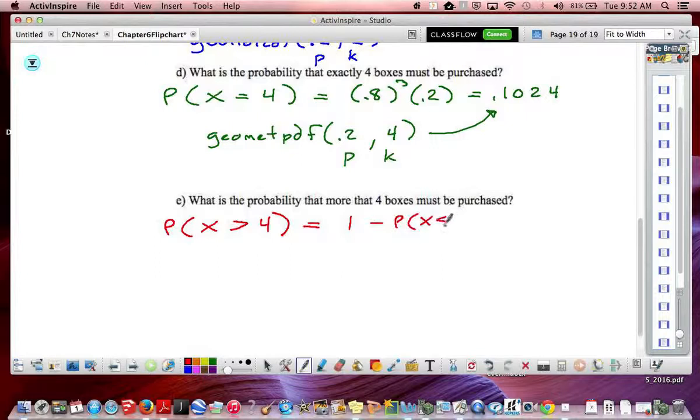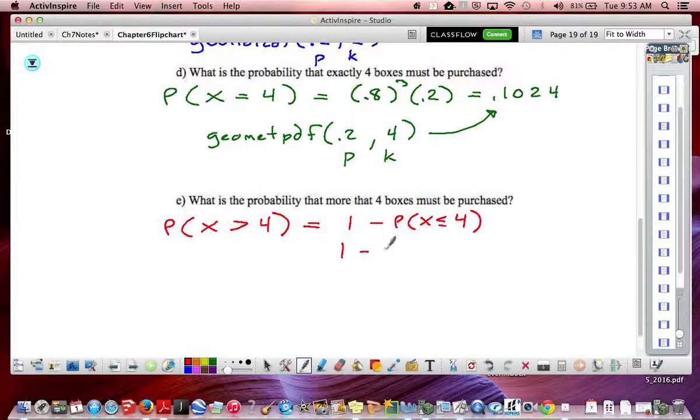what would be the complement of greater than 4? Less than or equal to. The question is, do you include 4 or not? You actually do, because it says greater than 4, so that would actually be 5, 6, 7, 8, 9, 10, 11, all the way to infinity. So I want to figure out 4 or less.